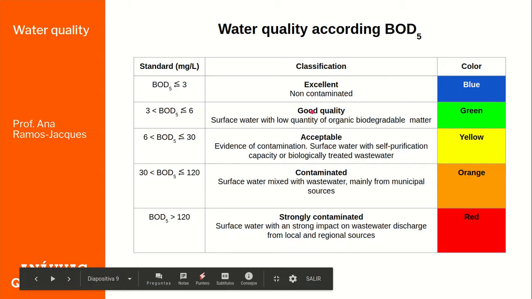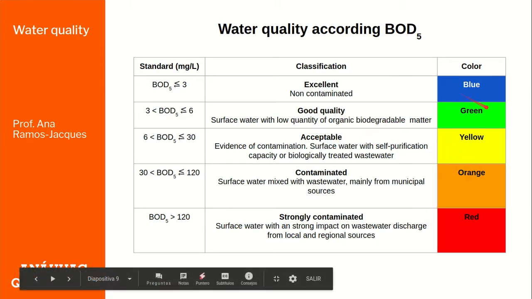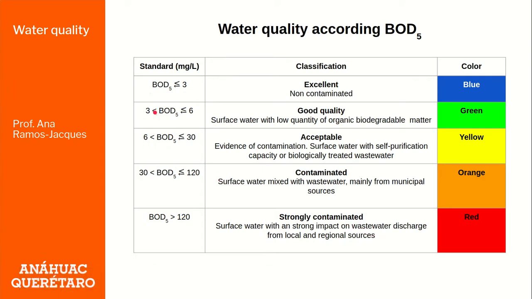Then, what is the water quality according to the BOD 5? We have this in Mexico, this color scale for the water quality from blue to red. In the standard, if the BOD 5 is less than 3, then we have non-contaminated water.